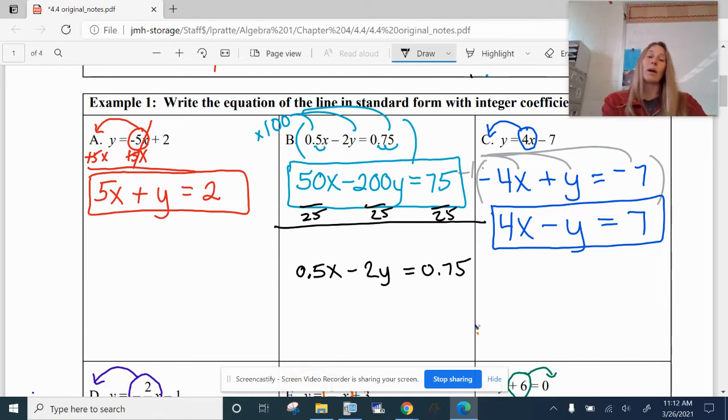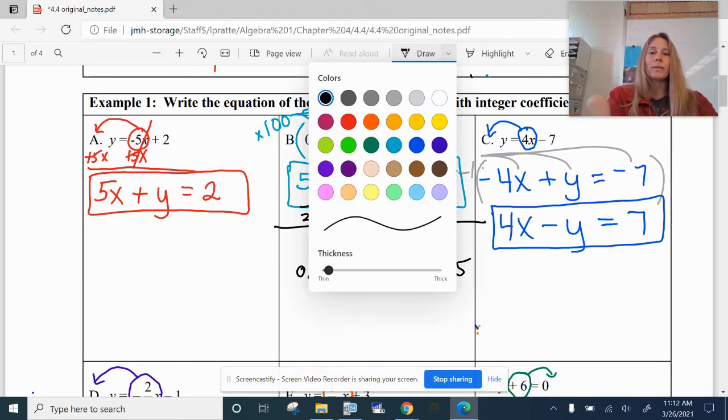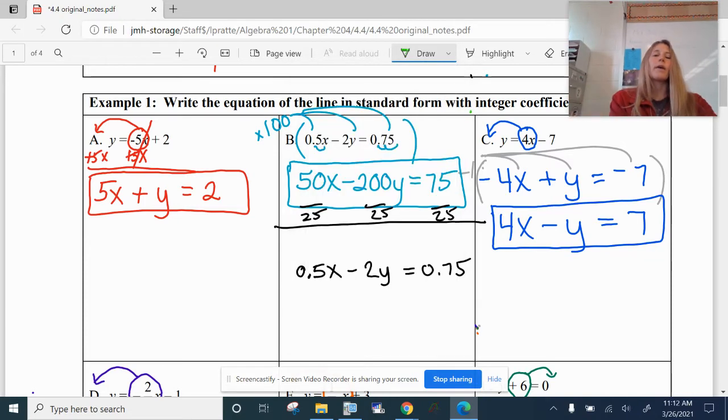So if you do it this way and you multiply by the 100 or the 10 or the 1000 or some multiple of 10, you might notice that you could maybe simplify. Again, like I said to you before, it still holds true to standard form if you multiply all the numbers by something or you divide them all by something. So since all of these are divisible by 25, I could actually simplify this just by dividing them all to make the numbers smaller. And the reason why you might want to do that is if you had to graph it or something like that.